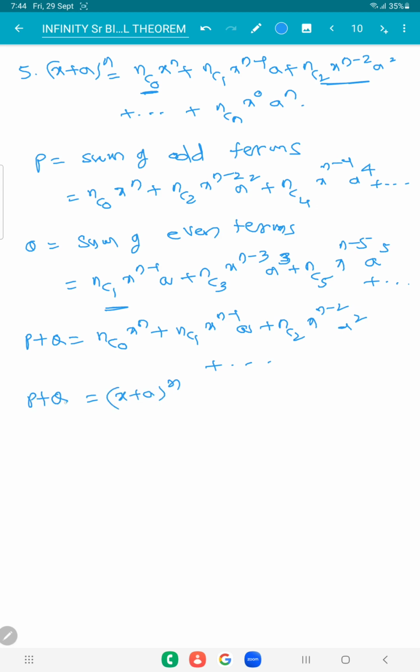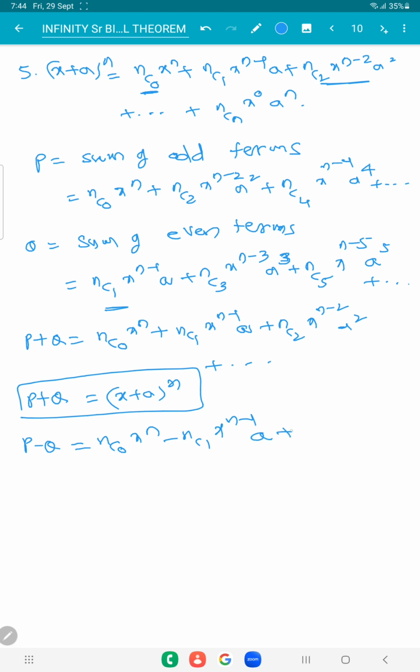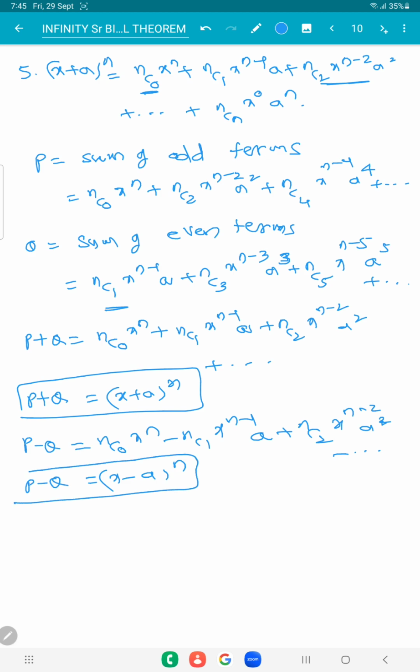So P plus Q is equal to (x plus a) whole power n. Keep it like that. What about P minus Q? P minus Q is nC0 x power n minus nC1 x power n minus 1 a plus nC2 x power n minus 2 a square minus and so on. This is nothing but (x minus a) whole power n. So P minus Q is (x minus a) whole power n.